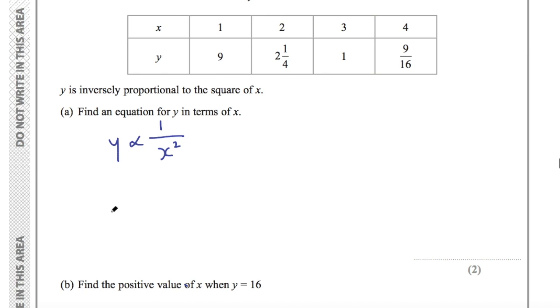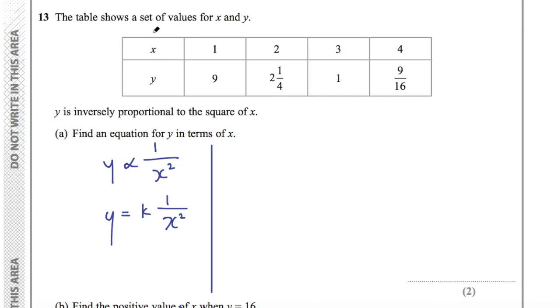And if we want to turn this into an equation, we can say y equals something multiplied by that inverse. As long as we've got that k in there, y will equal something multiplied by 1 on x squared. Now in order to find that value for k, we need to be given some points, and we are given lots of points here. So let's use, say, 1, 9 and plug that into this equation, and we can find what k equals.